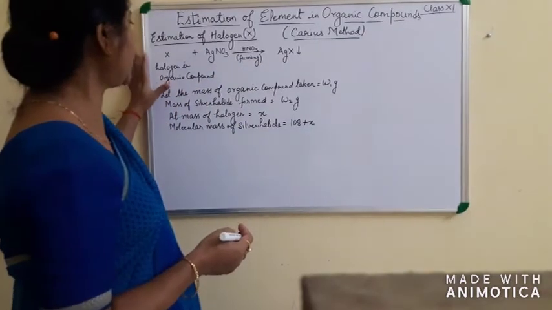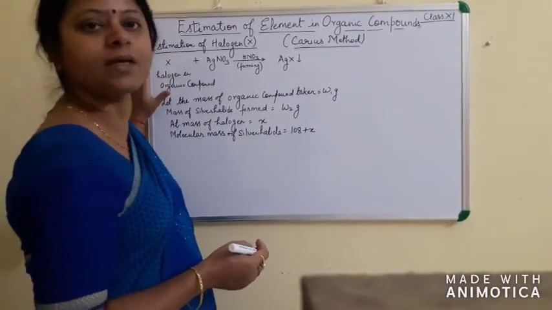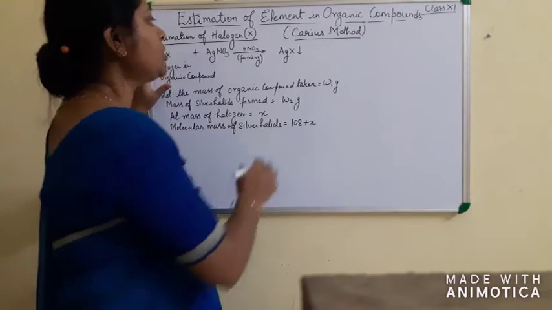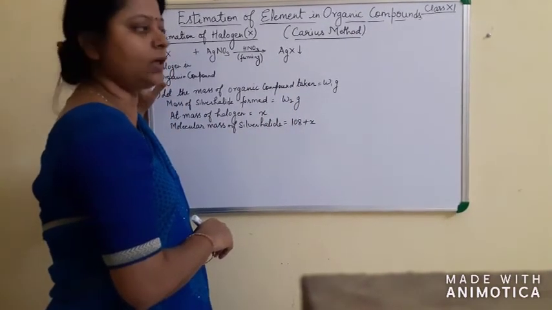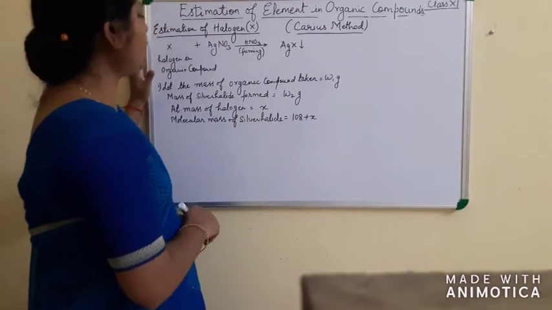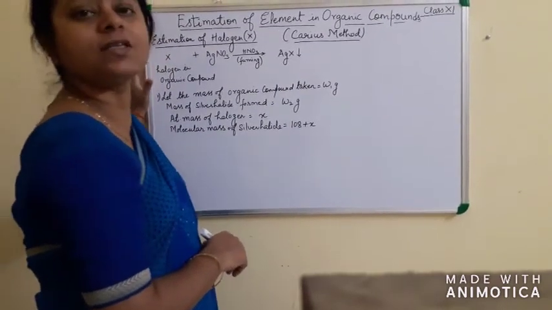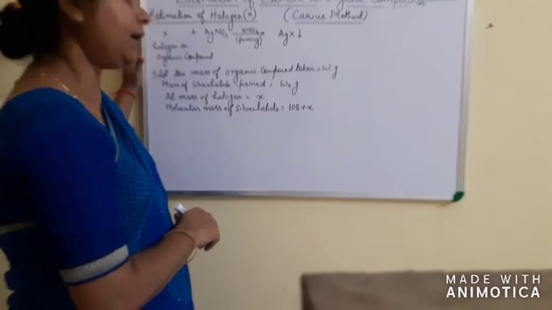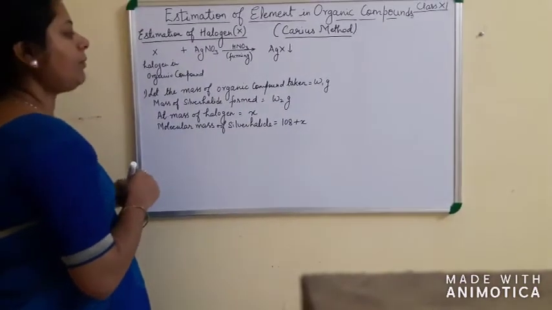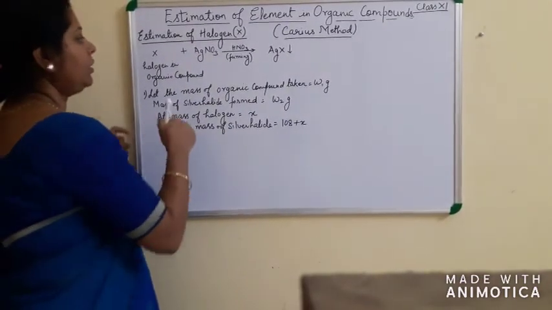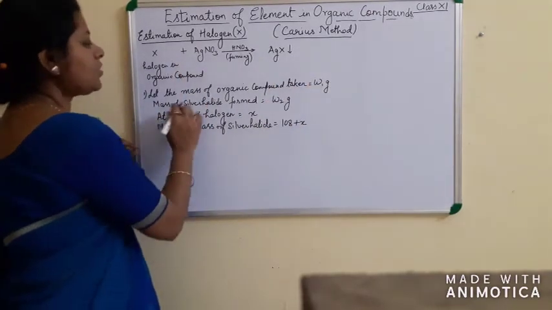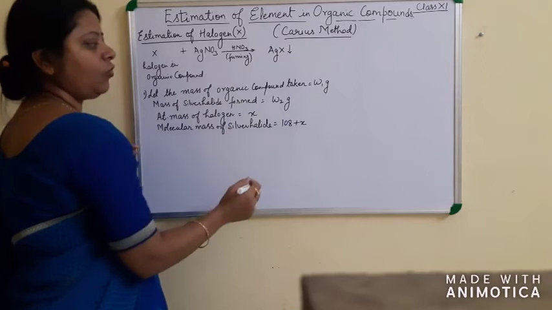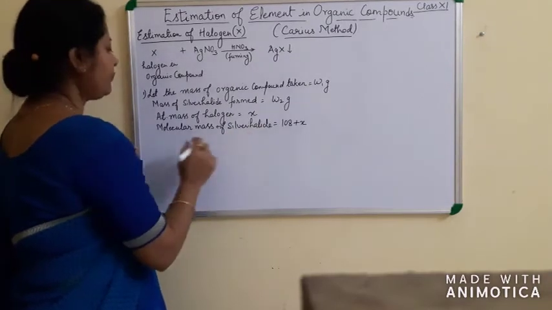When the reaction takes place, the halogen present in the organic compound changes into silver halide, which gets precipitated. We measure the mass of this silver halide. Let the mass of the organic compound taken be W1 gram and the mass of the silver halide formed be W2 gram.